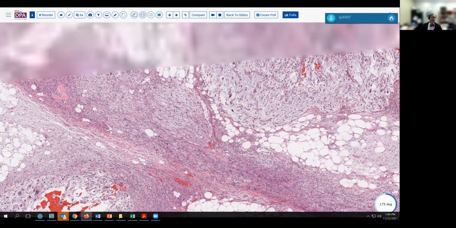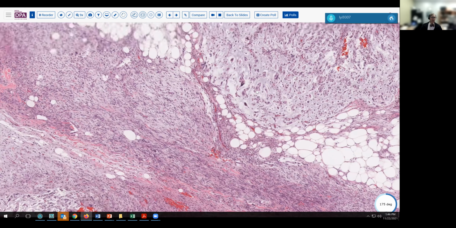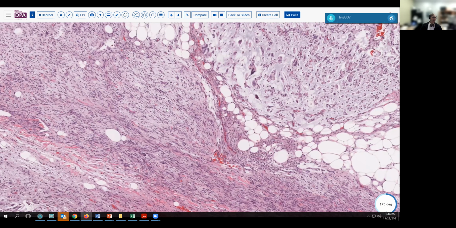And they don't have this high-grade cytology that we're seeing here with bizarre cells, streaming high-grade nuclei, high mitotic rates, and so forth. So myxofibrosarcoma should not ever really be in the differential with low-grade fibromyxoid sarcoma, even though the names sound very similar.